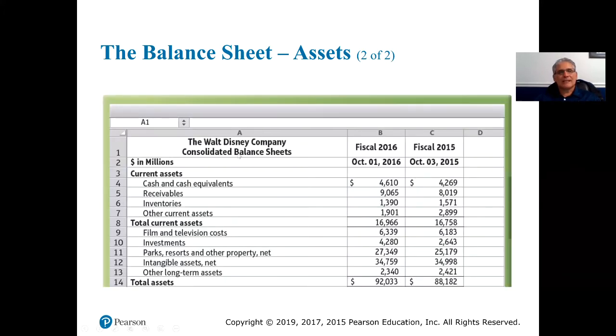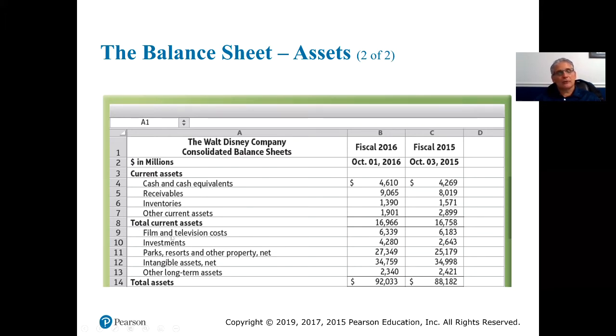Here we have Walt Disney Company consolidated balance sheet, as of the fiscal year end, October 1st, 2016 and October 3rd, 2015. Let's just focus on 16. We have it broken down by current and longer term or other assets. These are the current assets: cash, receivables, inventories, other current assets.